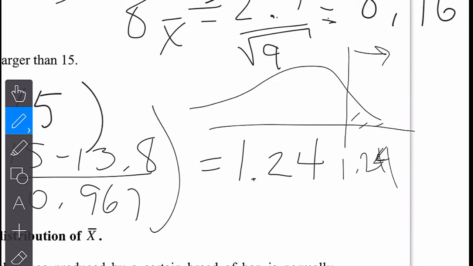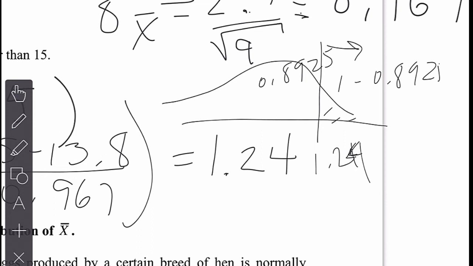The answer on the left side is 0.8925. So on the right side, it's 1 minus 0.8925, or you could just look up negative 1.24 to get that answer.